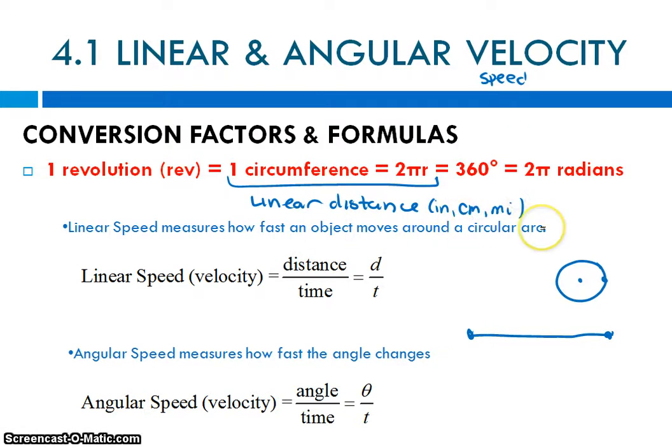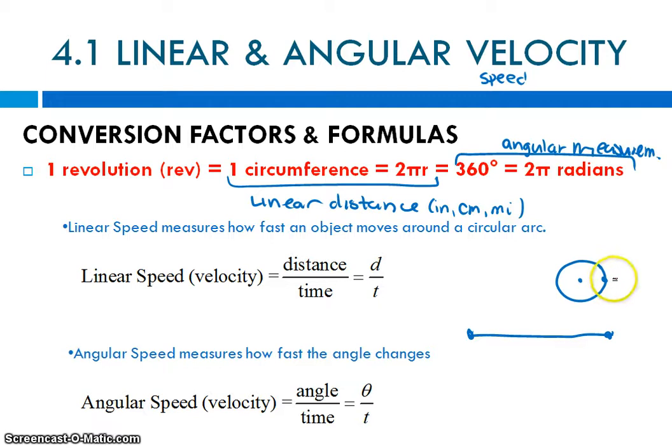Those are linear things that measure length. Okay, we also have 360 degrees or 2 pi radians, and those are angular measurements. Okay, so angular measurements measure the amount of angular rotation.